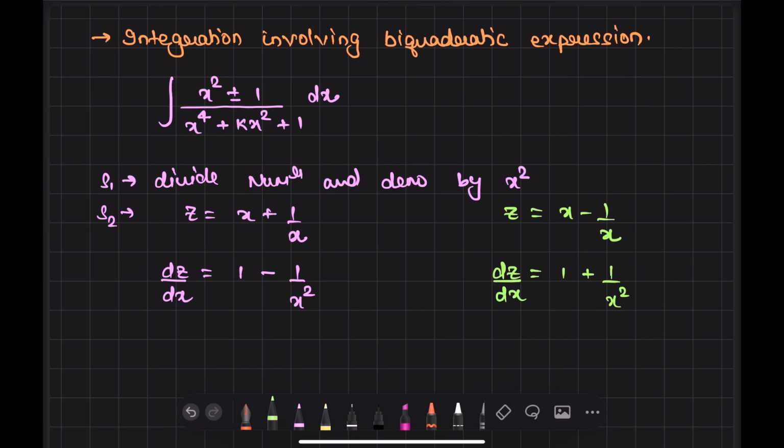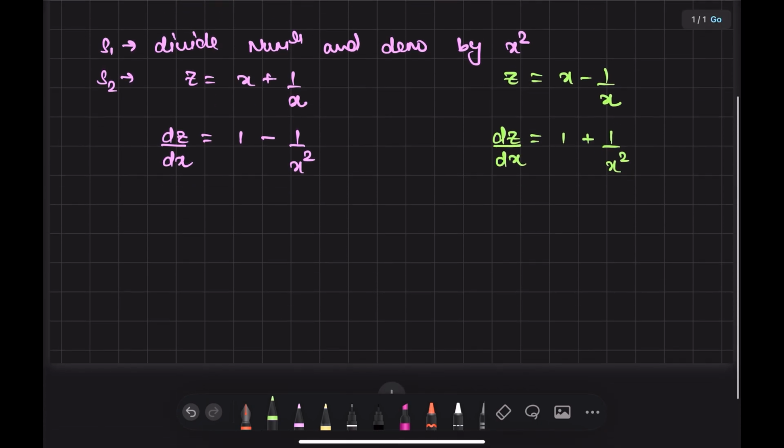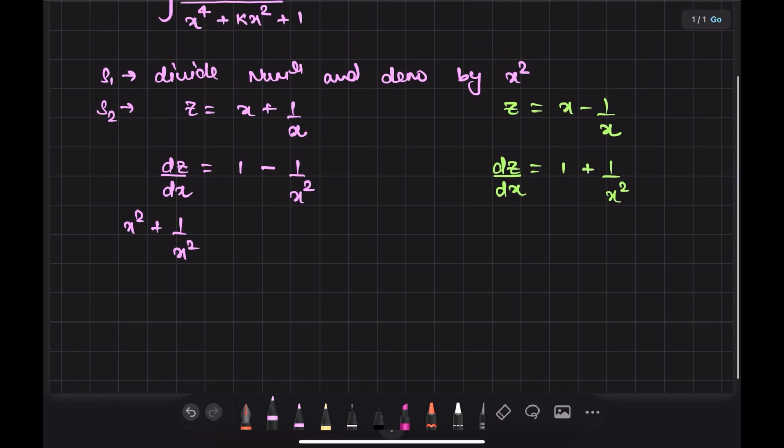Now, what will we do with the denominator? Suppose that in the denominator by mistake we have created x square plus 1 by x square.